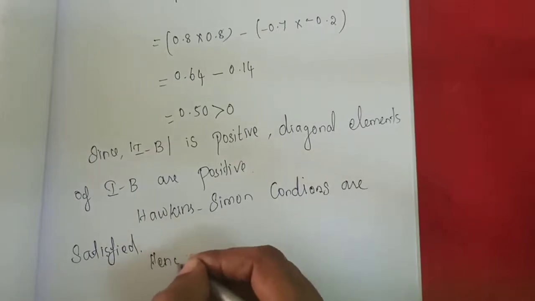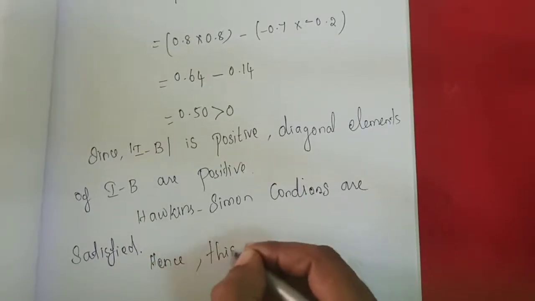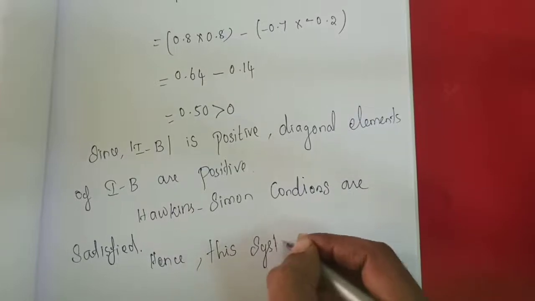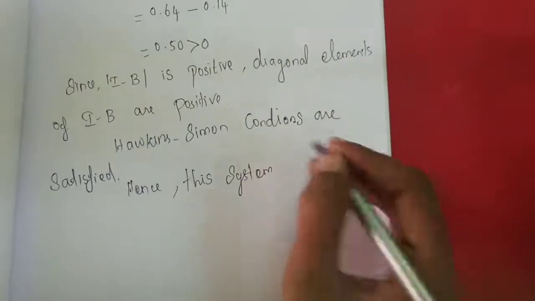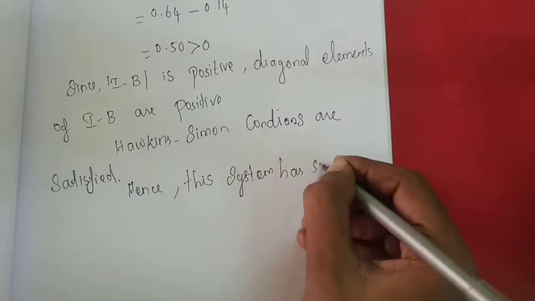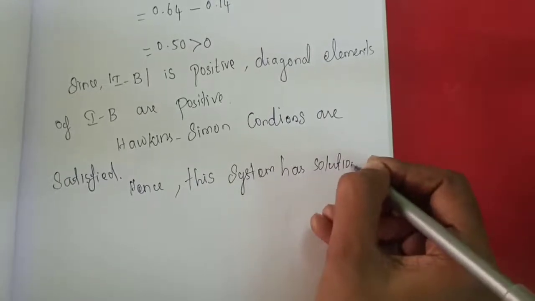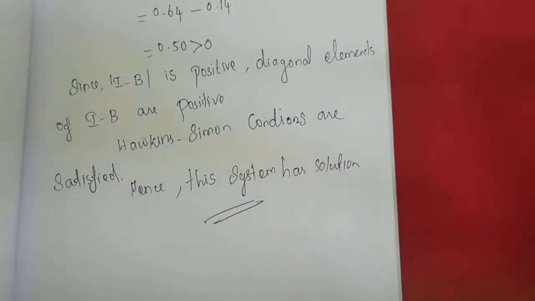Okay, hence this system has solution. Understand? So now in this problem I have taught you how to find the technology matrix, and how we will say whether the system is viable or not, whether the system has solution or not.